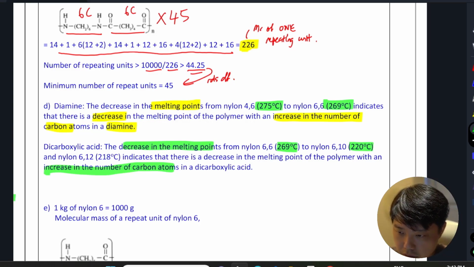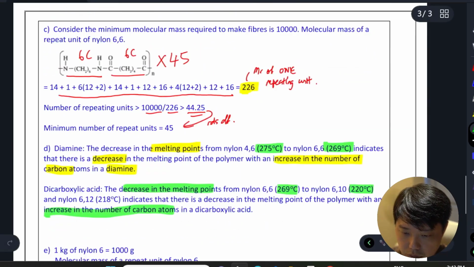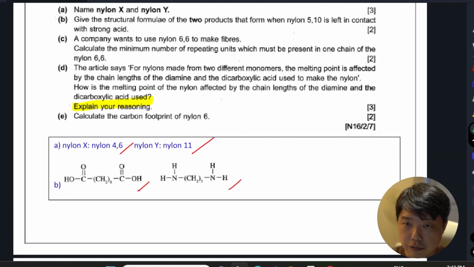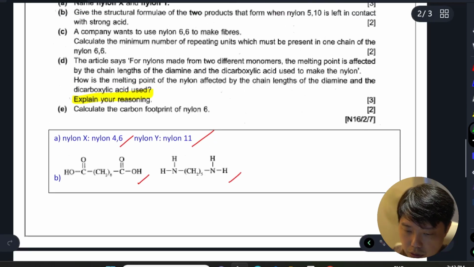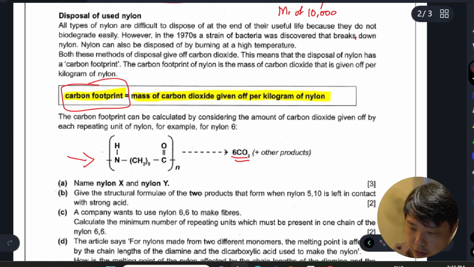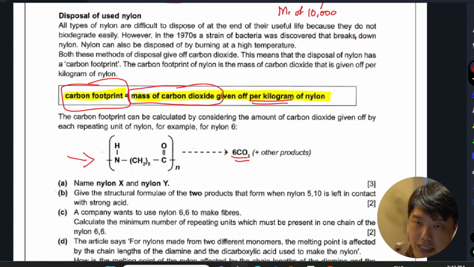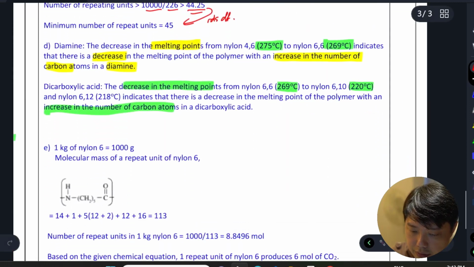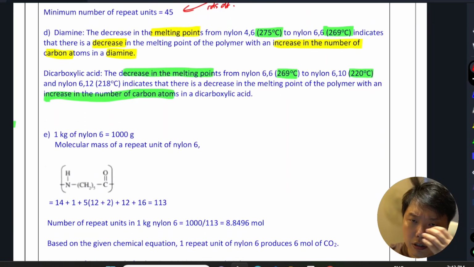Alright, so let's move on to the last question. Calculate the carbon footprint of nylon 6. Okay, so carbon footprint, if you remember how to calculate, you have to find the mass of carbon dioxide given off per kg of nylon. Okay, so we got to find for 1 kg of nylon, okay, means 1000 grams.